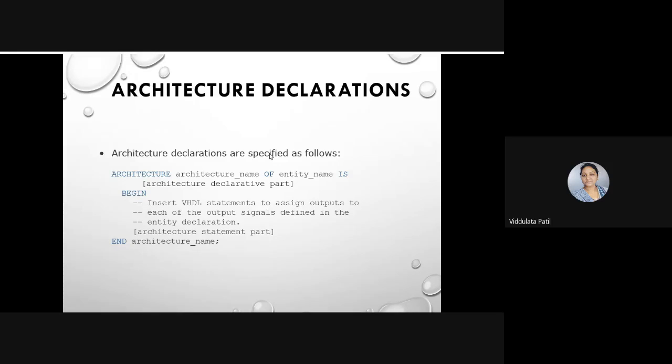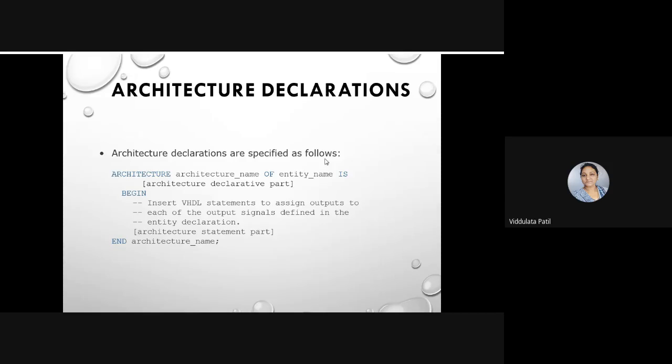Then if you look at the architecture declaration, it is specified as follows. The keyword architecture is the first word that you need to write, and then there will be an architecture name. After this architecture name, there is the keyword of, and then you need to write the entity name for which you are going to write this architecture.